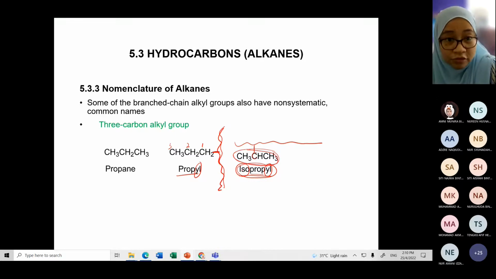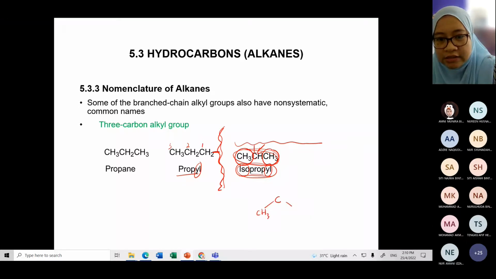You are familiar with iso: it means something the same, like isomer. In this case, what is the same is the methyl group. This carbon right here is attached to 2 methyl groups. If I expand it, it becomes like this.